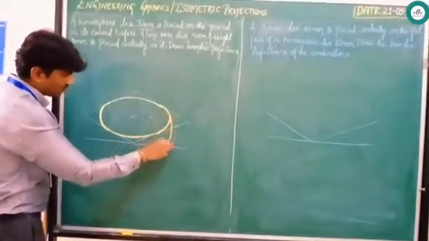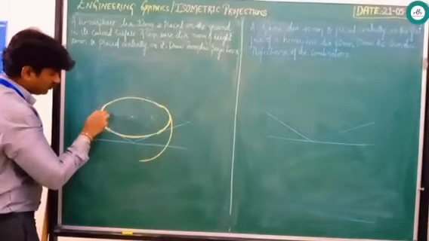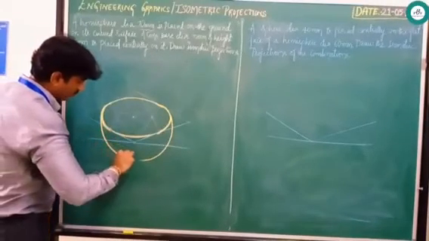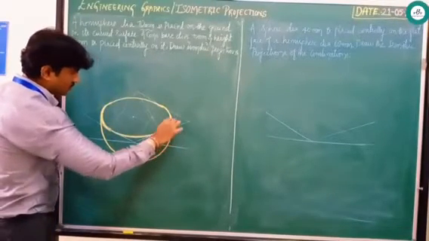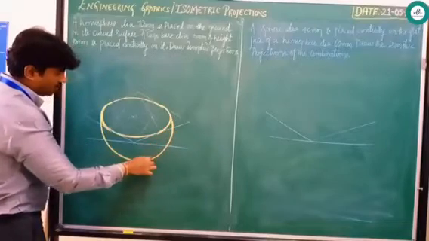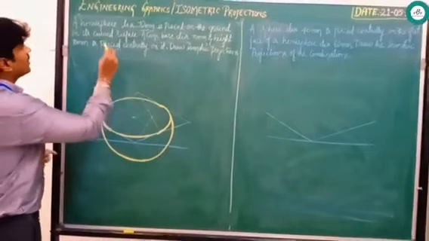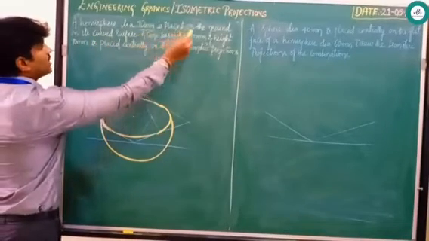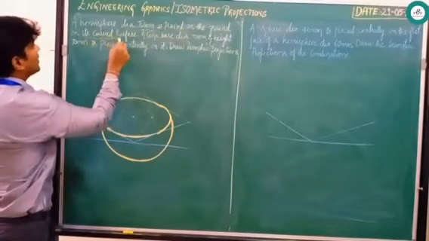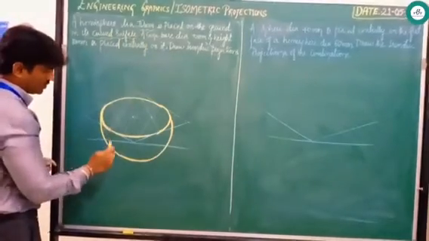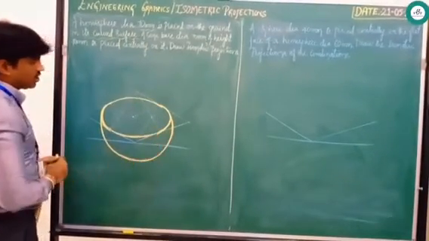So you can draw it this particular way. After drawing this, this is a hemisphere. It is clearly given that it is placed on the ground on its curved surface. So this is the curved surface which is placed on the ground.